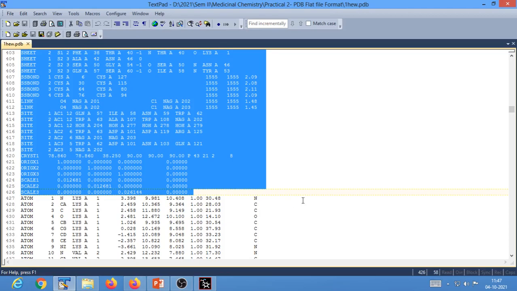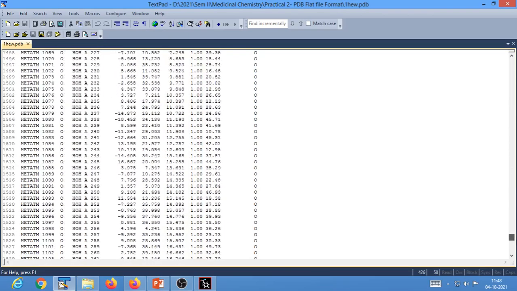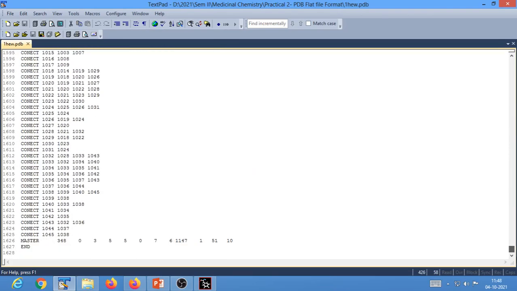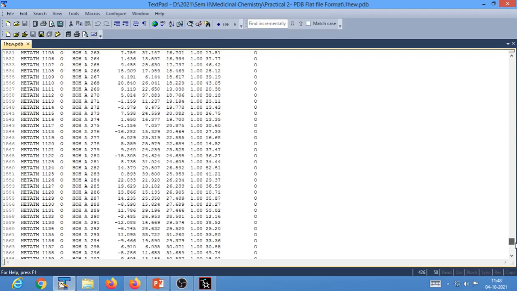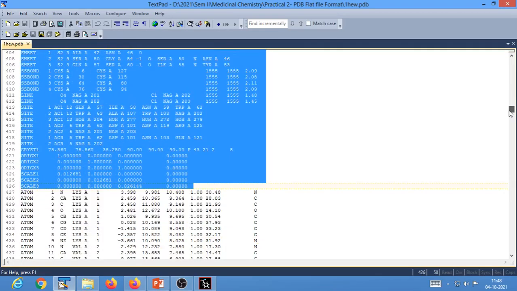Now you can say that of the 1627 lines in your PDB, only 426 lines are devoted to the annotation section, and the remaining lines in your PDB correspond to your coordinate information. We will come to what exactly coordinate information is in a while.